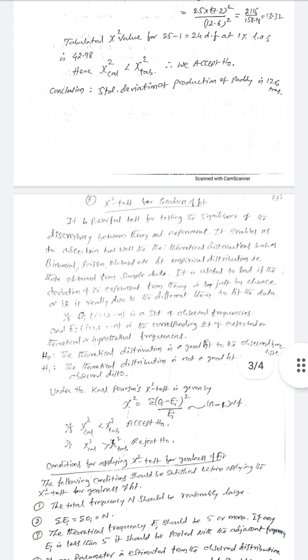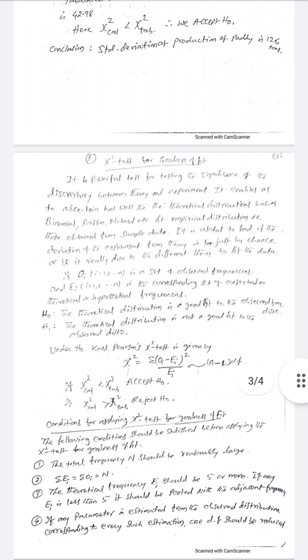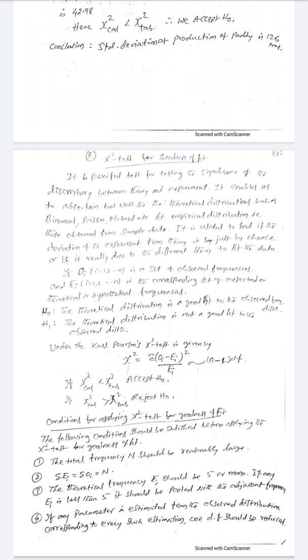Okay. And the second important application of chi-square is chi-square test for goodness of fit. It is a powerful test for testing the significance of the discrepancy between theory and experiment.